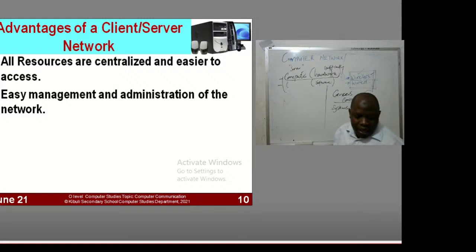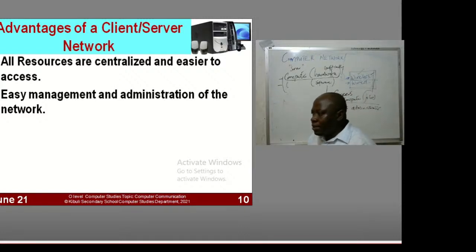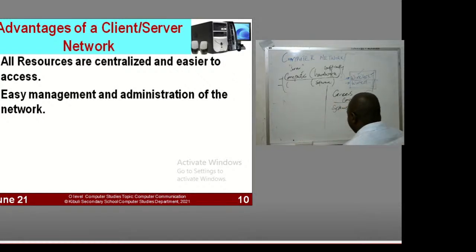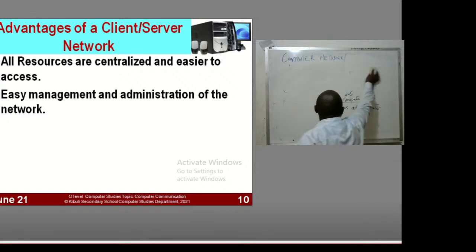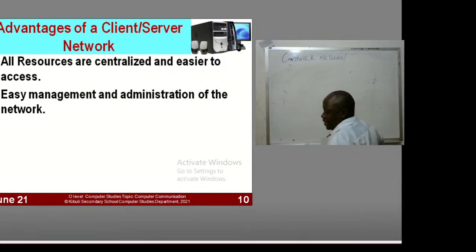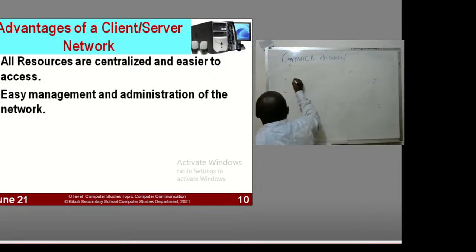Easy management and administration of the network. Easy management, how? As regards what we call security. When it comes to security, that is number 1. You're looking at an administration as regards security.